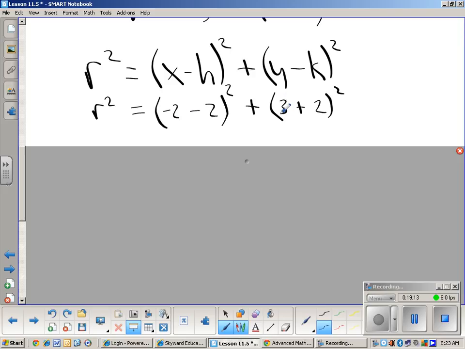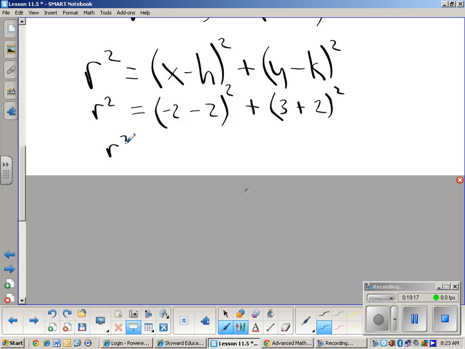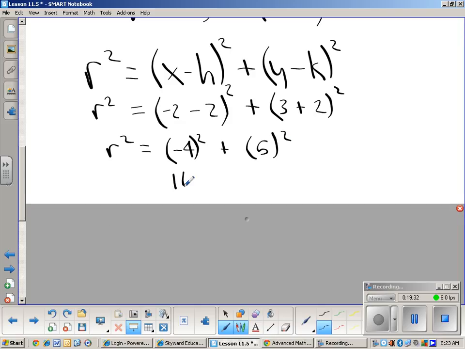Where y was, I'm going to put a 3. And so r squared is going to equal -4 squared plus 5 squared. So that's 16 plus 25.